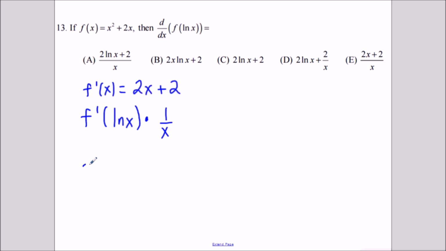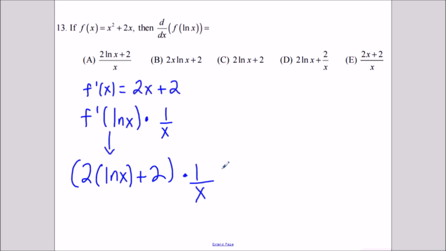So we'll have 2 times natural log x plus 2, that's just this component here being transferred over. And then this is all being multiplied by 1 over x. If we simplify this a bit, this is going to be 2 natural log x plus 2, all over x. So 13 is going to work out to choice A.